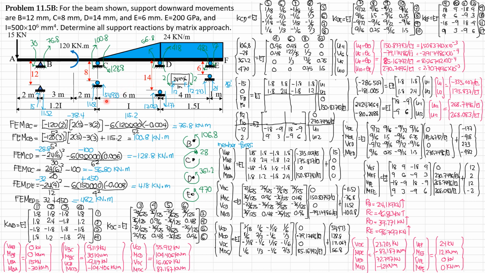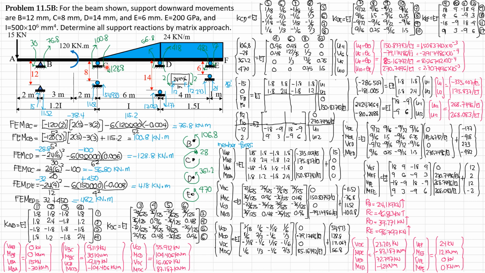So fixed end force BC times 6, then plus 50 times fixed end force CD times 6 equals 128.8 plus 56.8 plus the moment of the load, 1/2 of 6 times 24 times 2. So you'll get 54.93 upward.